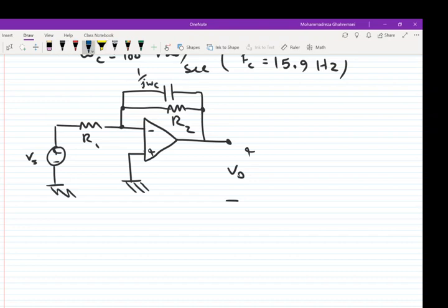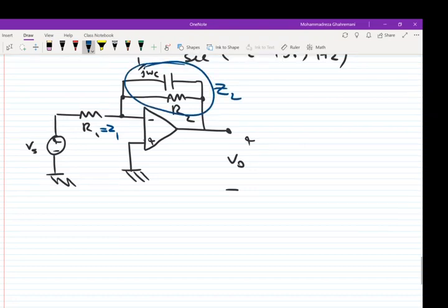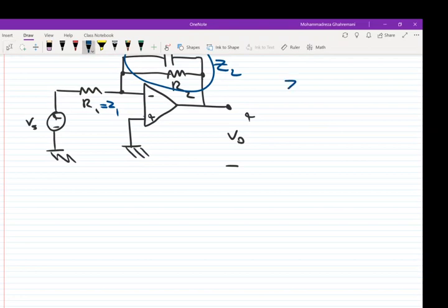So let's solve this problem. For this part, we just call R1 Z1, and these two together we call Z2. Okay, so Z1 of course is equal to R1. Z2 is equal to R2 in parallel with 1 over j omega c.